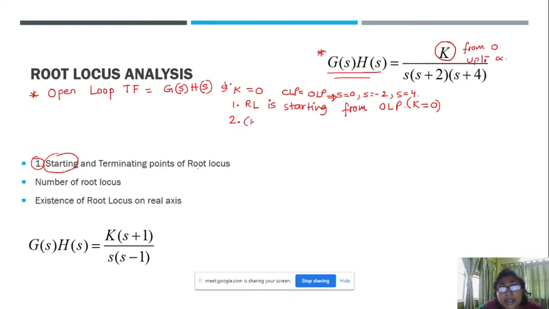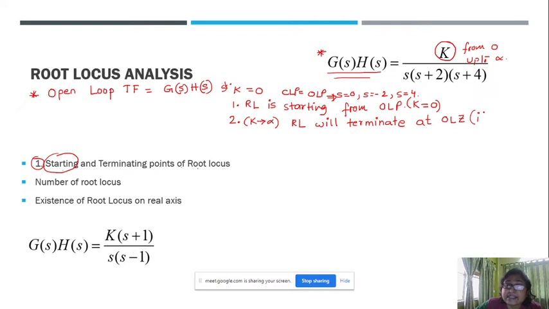And when k tends to infinity, root locus will terminate at where? At open loop zeros.